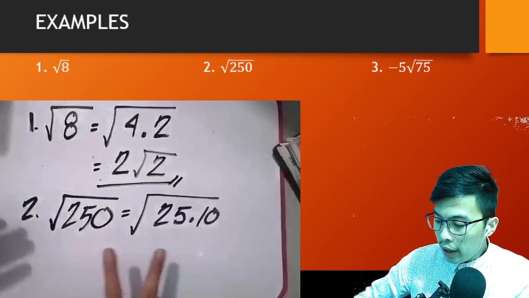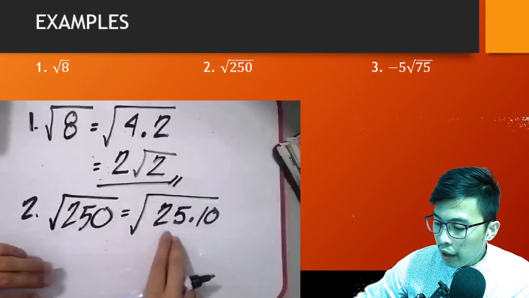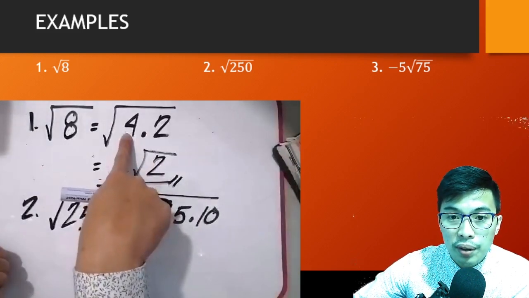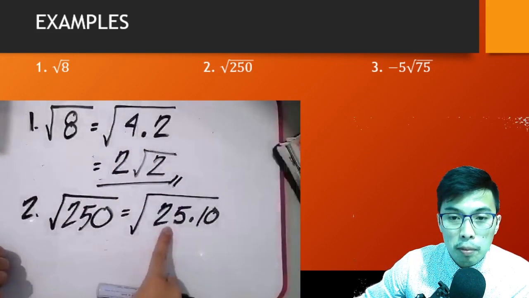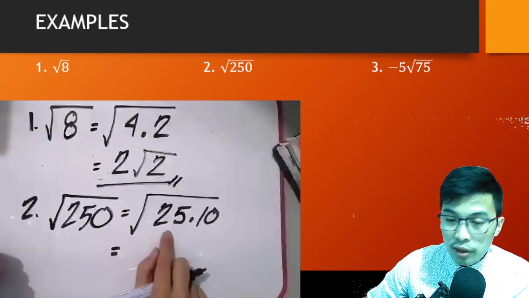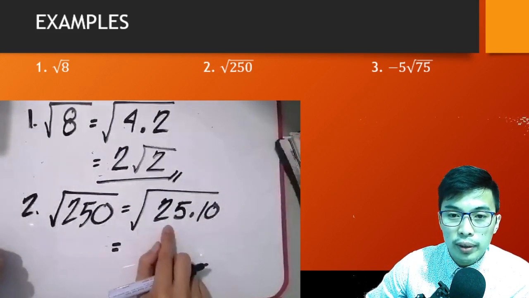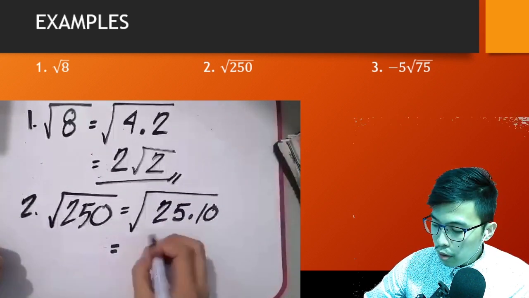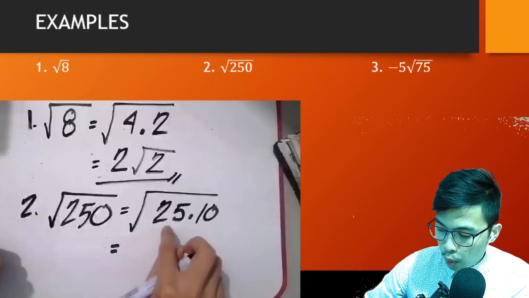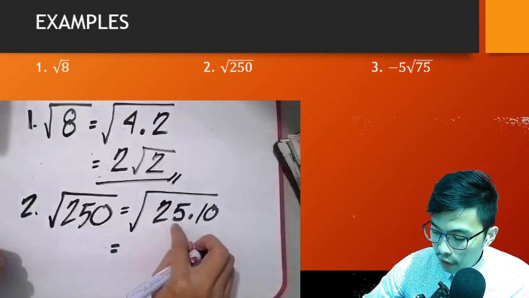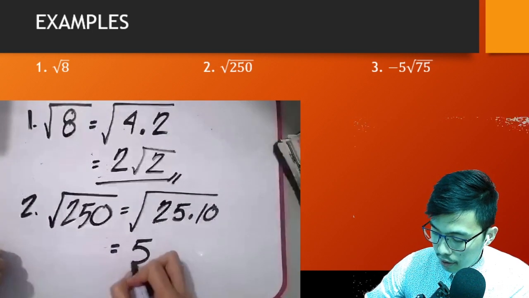Again, in breaking down the factors, kailangan yung isang factor ay perfect square. Parang si 4 dito, perfect square siya. 25, perfect square siya. Okay? So, since 25 is a perfect square, pwede na naman natin siyang ilabas doon sa radical sign. The square root of 25 is 5.